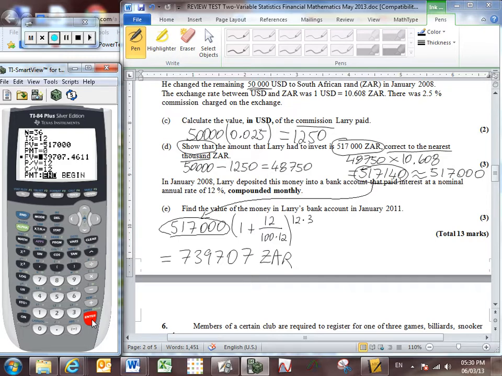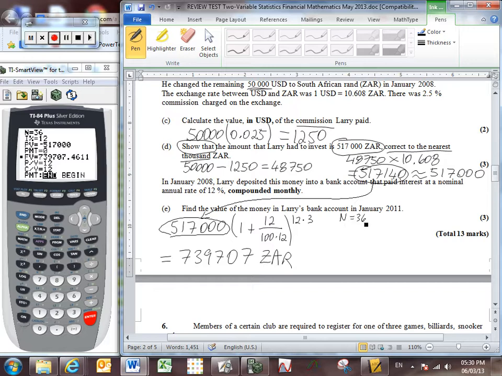I should have reminded you that to write down your work on finance, we should just write down that entire screen. N is 36, I% is 12, PV is negative 517,000, PMT, I don't think you need to write down this line, I certainly won't mind if you don't.